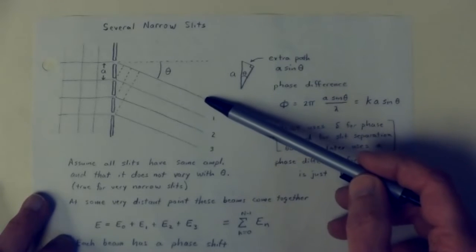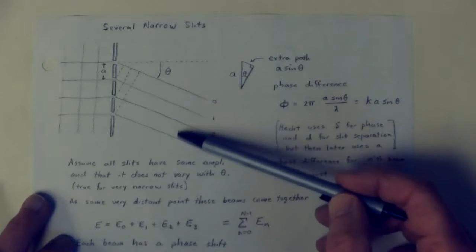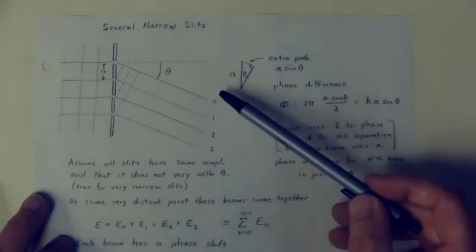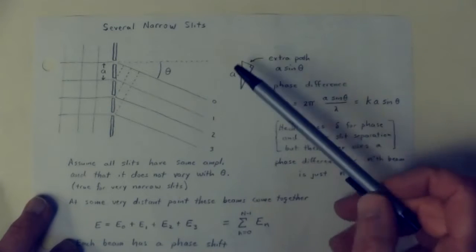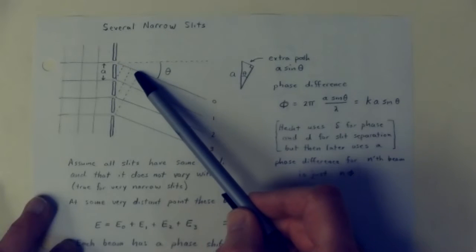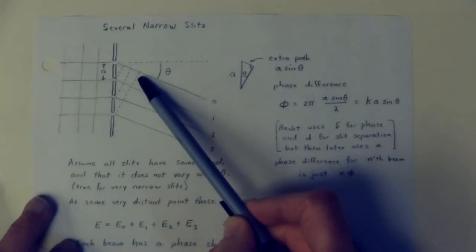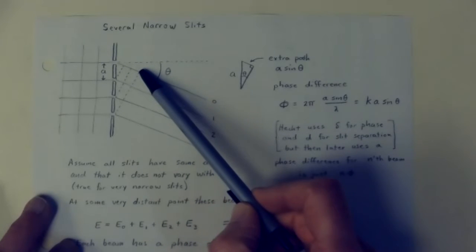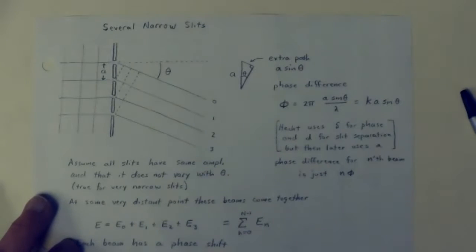So if we're off at some long distance away, then these beams are essentially parallel, even though we would imagine them converging at that distant point. And that's where we would add up those contributions. And when we do that, we're going to find there's going to be a phase difference between these. And you can kind of see that drawn by these dotted lines here, showing that the upper beam, the zero beam, has to go through a bunch of extra path, and the lower ones don't have that.